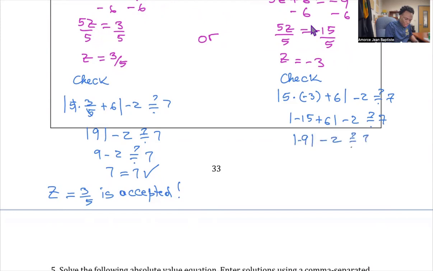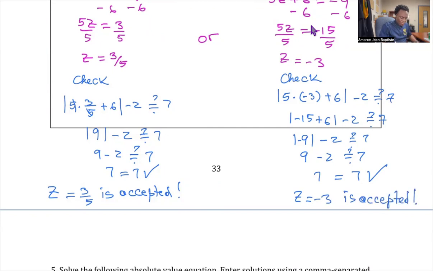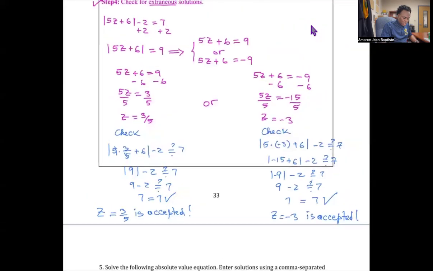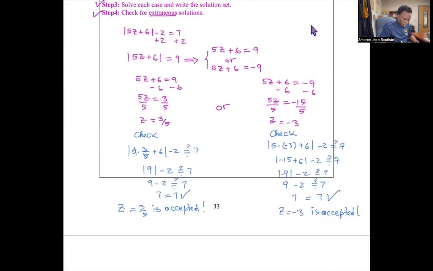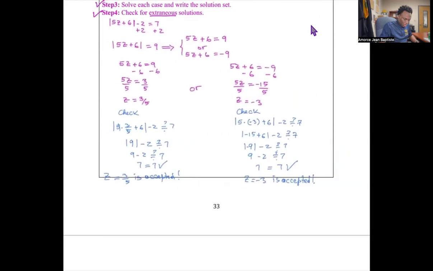The absolute value of -9 is 9. So 9 minus 2. Is it 7? The answer is yes. 7 on this side is 7 on the other side. This is checked. So z equals -3 is also accepted. So we have both solutions accepted.